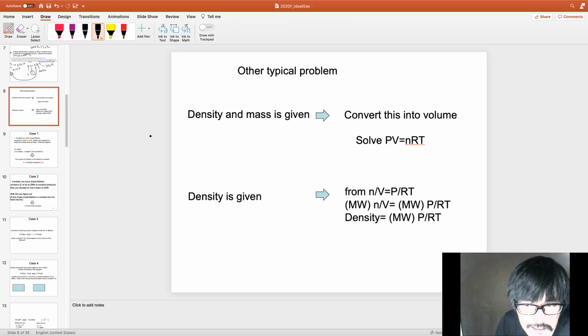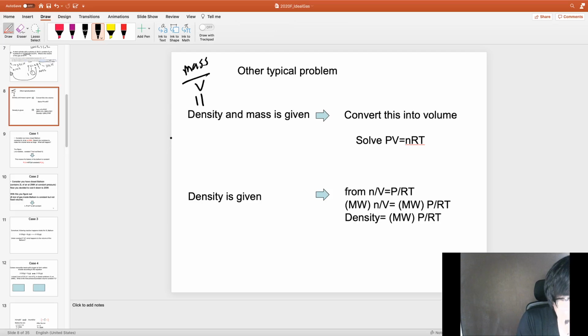So the other typical problem is that sometimes I'm not going to give you all the pressure, volume, number of mole, and temperature. Sometimes I might give you the density and mass. Remember, the density is the mass divided by volume.